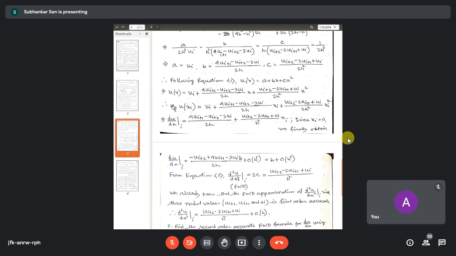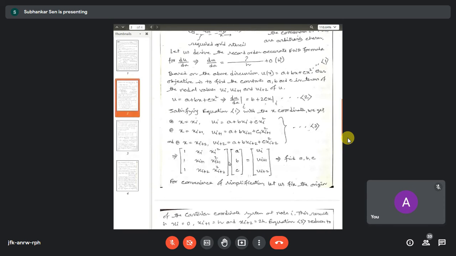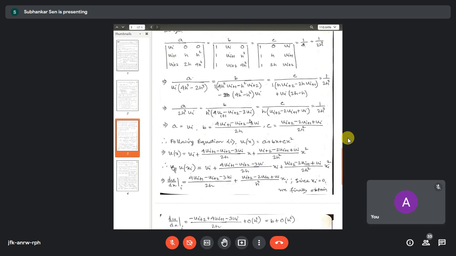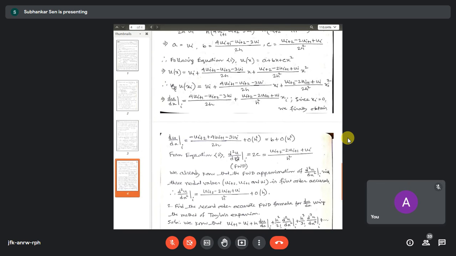So for this entire quantity du/dx at i, we take the parabola u = a + bx + cx², so du/dx = b + 2cx. Now at our point i, x_i is 0, so this term will be 0. So du/dx at point i is equal to b. We have calculated b, and this is its value, so du/dx at point i will be this expression.